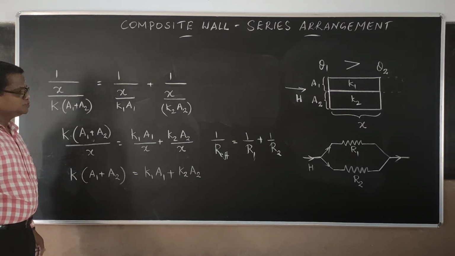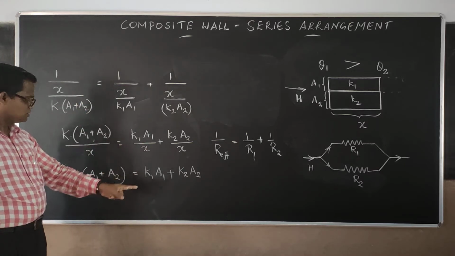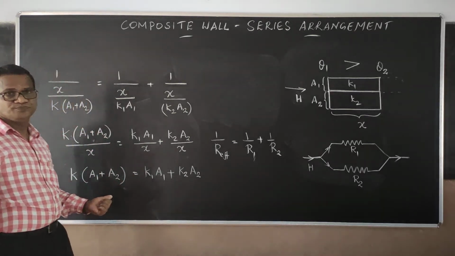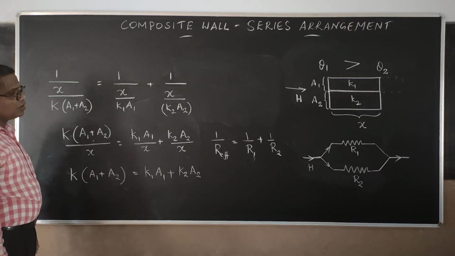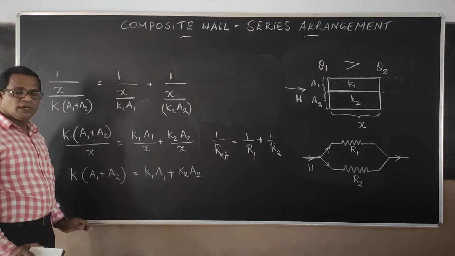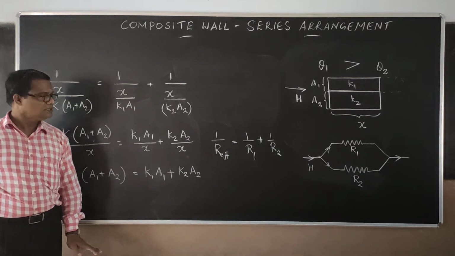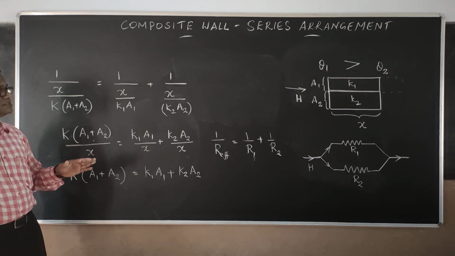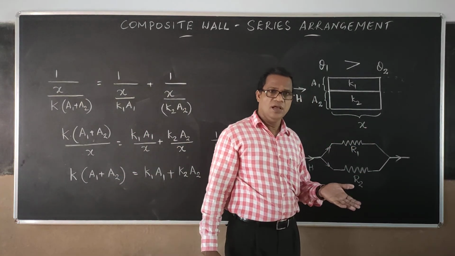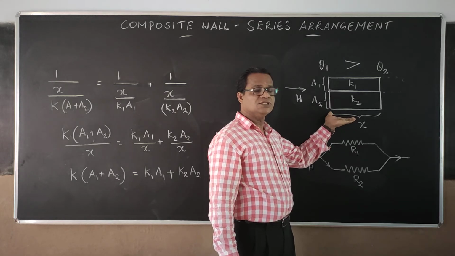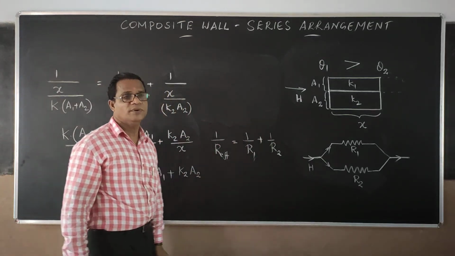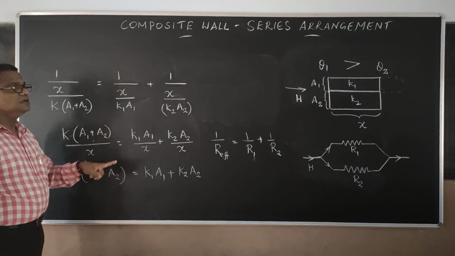When they are in parallel, the conductivity comes as K equal to a kind of K1 plus K2, so the conditions vary accordingly, and you cannot memorise them all. You can remember only one thing: when the slabs are in series, the resistances also come in series. When the slabs are parallel to the flow of heat current, the resistances also come in parallel. That is all you need to remember, and accordingly you can obtain the equations.